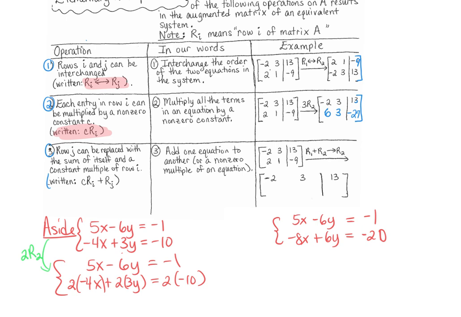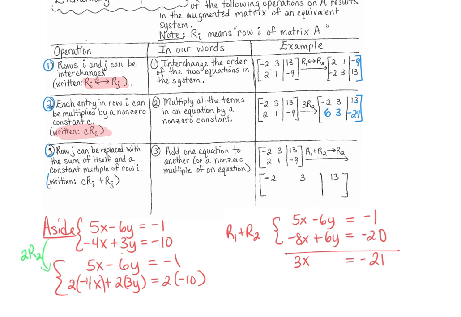And so then we added row 1 and row 2. So this row 1 plus row 2 will now get the, what? 3x. We cancel the y's, equals negative 21. That's what happened with that system.